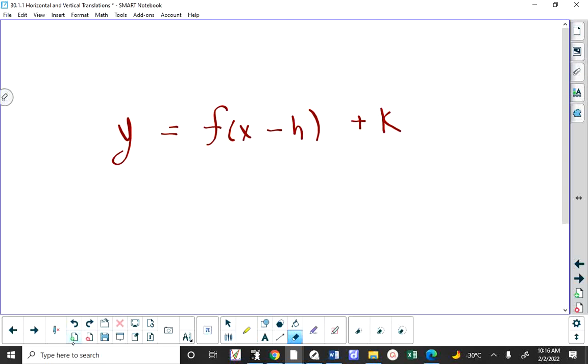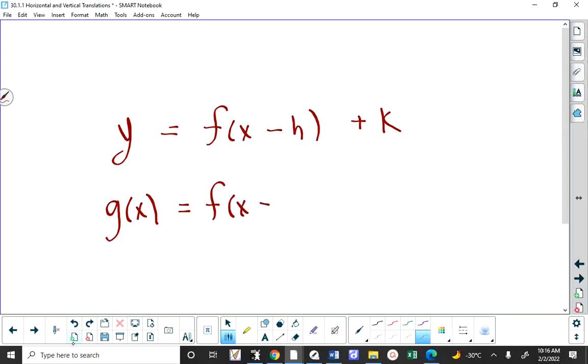But really, this is better, because then you can say f of x is the original, this is the transformed. So when you see that g of x, it's just the new y, that's all. Don't get confused by it.